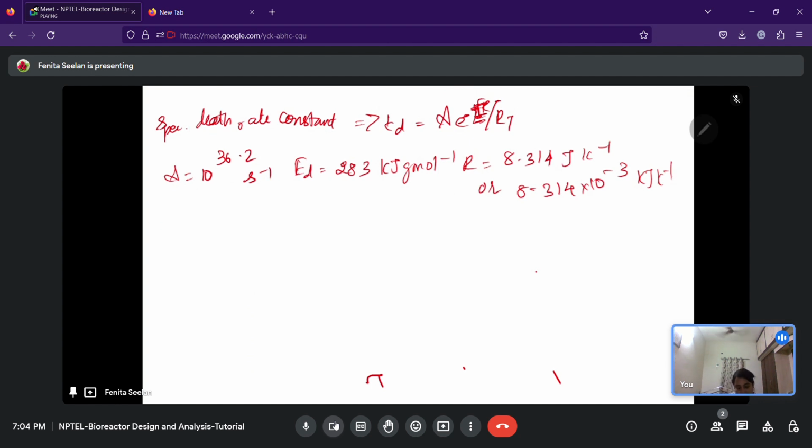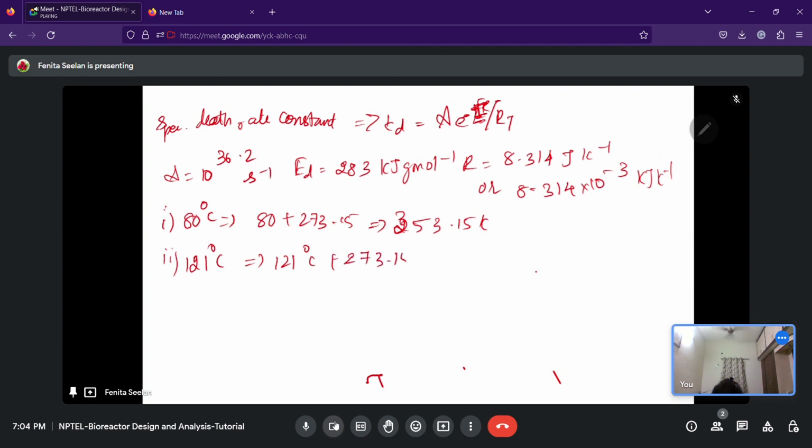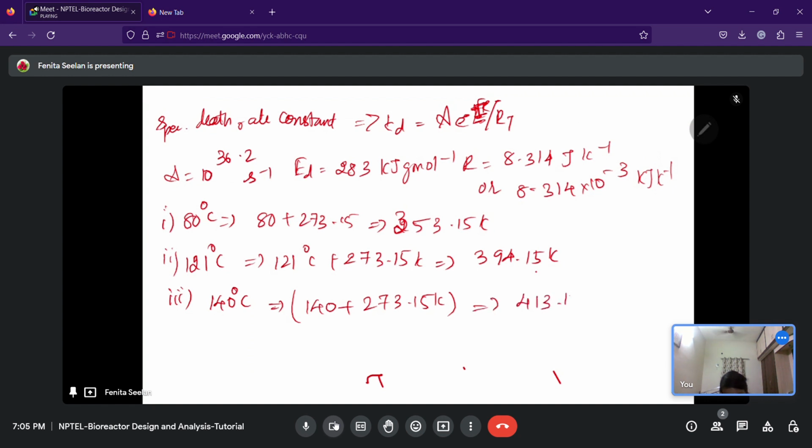Now you have to convert your temperatures into Kelvin. 80 degrees Celsius is equal to 80 plus 273. So we have just converted all these into the Kelvin scale.